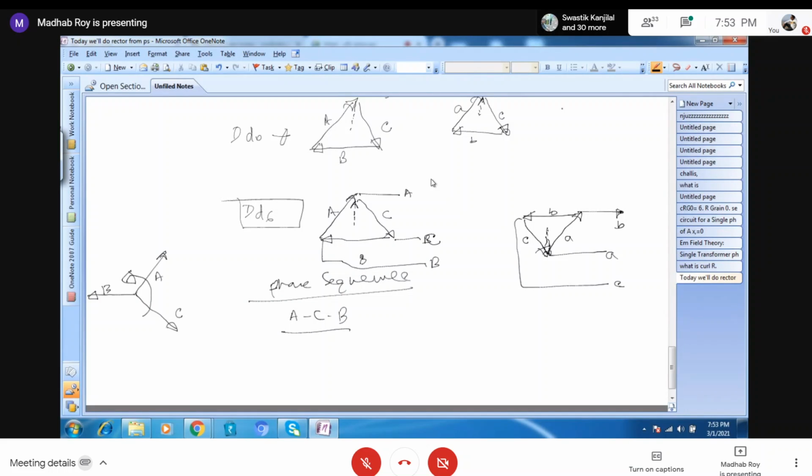Now how to do the connection? The connection is very complicated, so you have to draw it again. You can draw the connection diagram very easily.